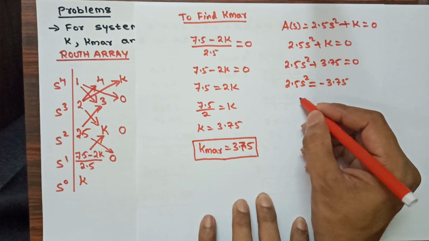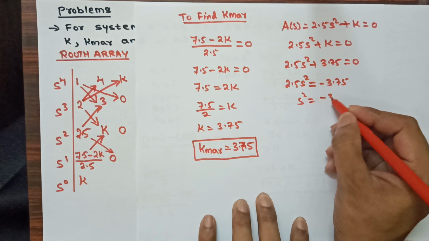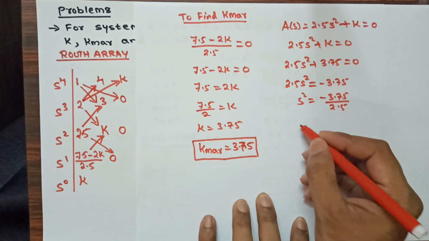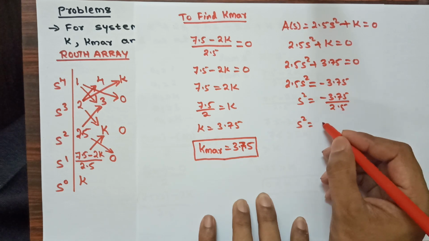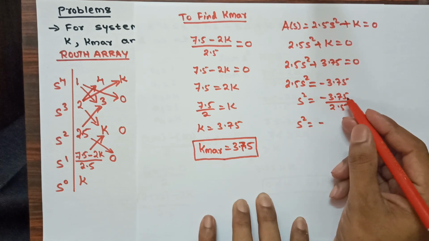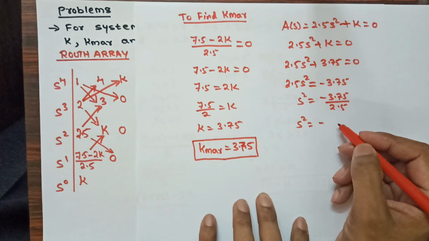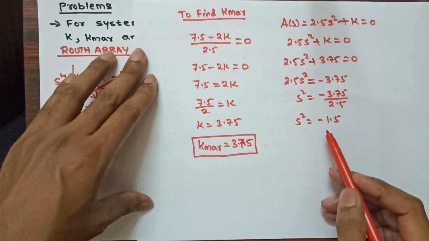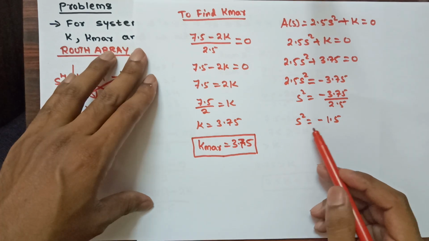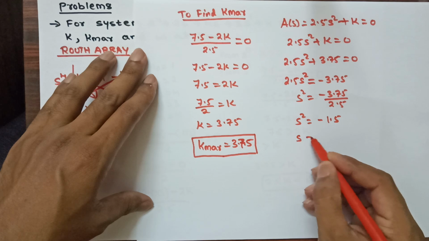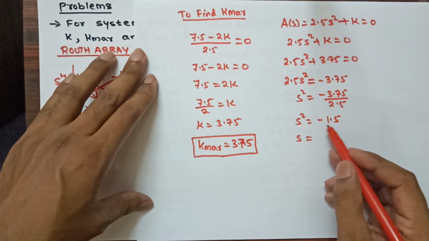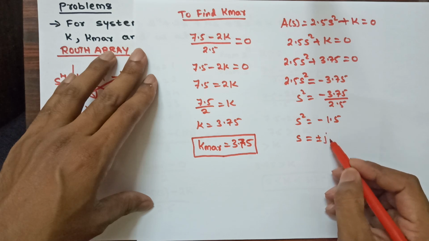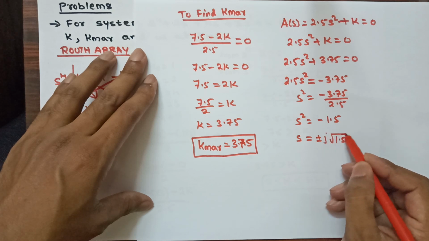Take this 2.5 to the right hand side, s square is equivalent to minus 3.75 divided by 2.5, which is nothing but 1.5. Now by taking this power 2 to the right hand side, we'll get s is equal to root of minus 1.5, that is plus or minus j root of 1.5.